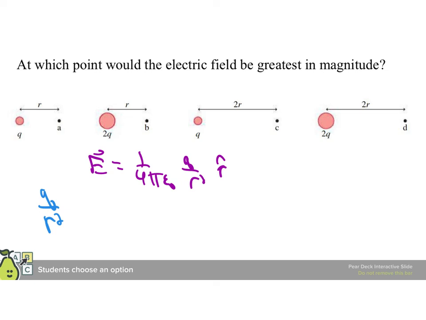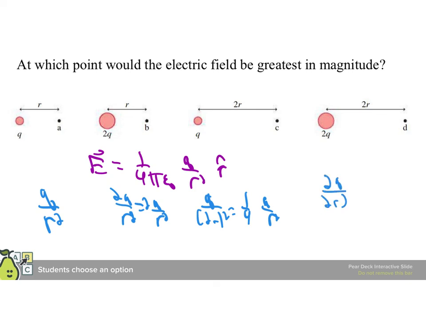And then point B would be 2Q over r squared, which is twice A, so A is now losing. Point C is Q over 2r squared, which is 1/4 Q over r squared. So that's even worse. And then point D is 2Q over (2r) squared, which is 2 over 4 Q over r squared, or 1/2 Q over r squared. So the strongest one is B.